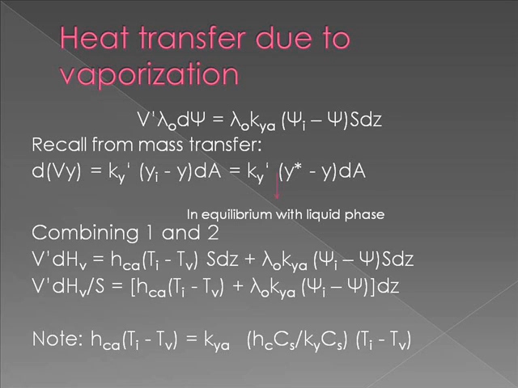Further simplification, V prime dHV over S is equal to [hC a (Ti minus TV) plus lambda naught kY a (ψI minus ψ)] dZ. Note that hC a (Ti minus TV) is equal to kY a hC Cs over kY Cs (Ti minus TV).